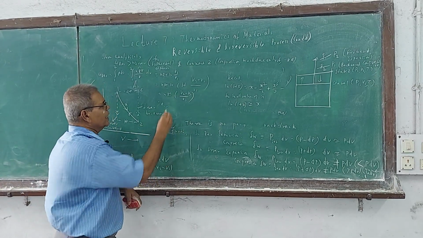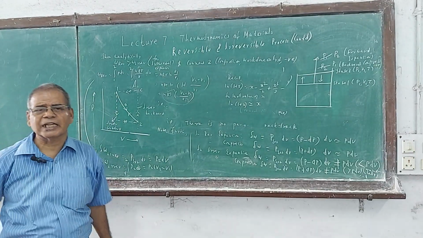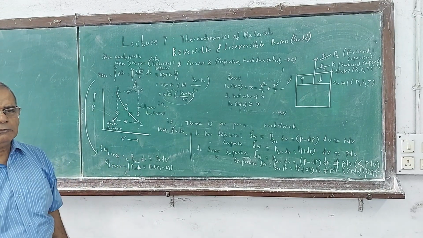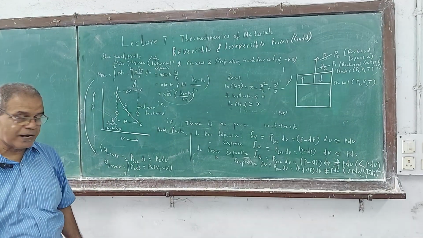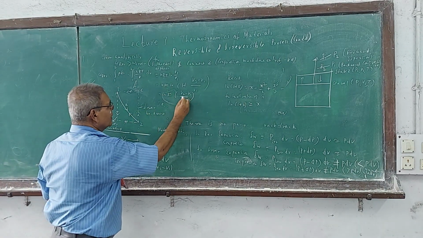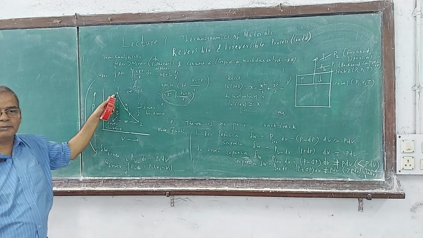So this is what? nRT by V1. Can anyone tell me? I will be very happy. See, all pictures, all figures, all illustrations are here. All states are well defined. Can you tell me what is nRT by V1? Take a look, it is P1 itself.